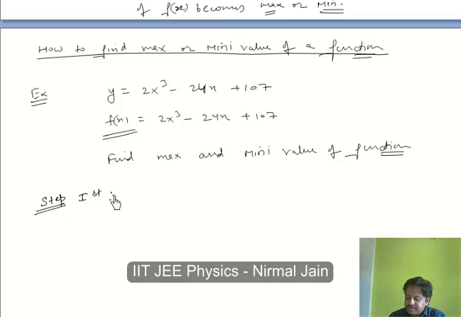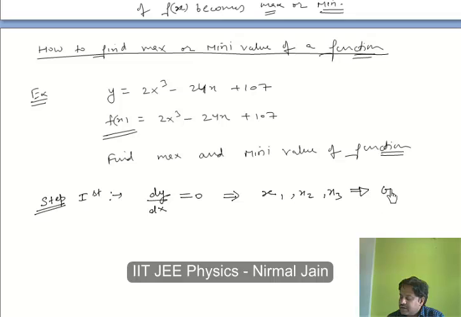Step first, we'll find the differentiation or the derivative of this function, that is, we'll find dy by dx and make it equal to 0. This will result in some values of x like x1, x2, x3. These x1, x2, x3 are called critical points.